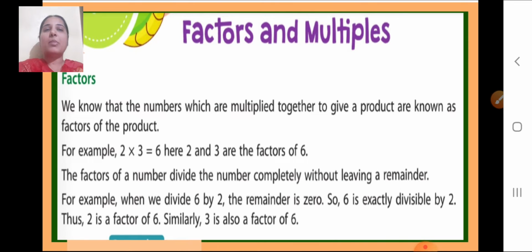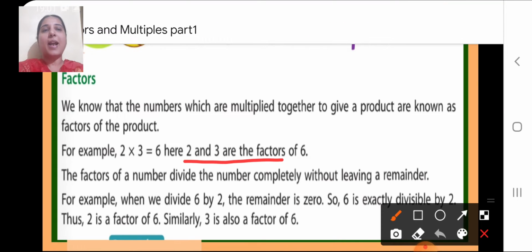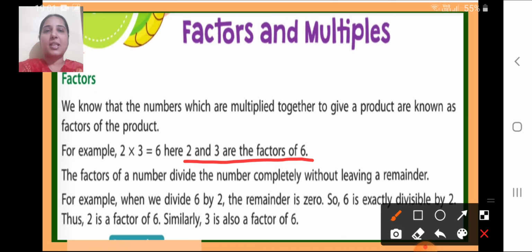We know that the numbers which are multiplied together to give a product are known as factors of the product. For example, 2 multiplied by 3 is equal to 6. Here, 2 and 3 are the factors of number 6.